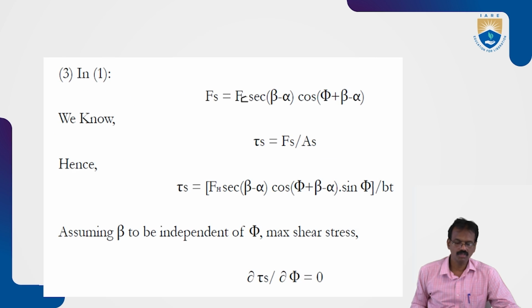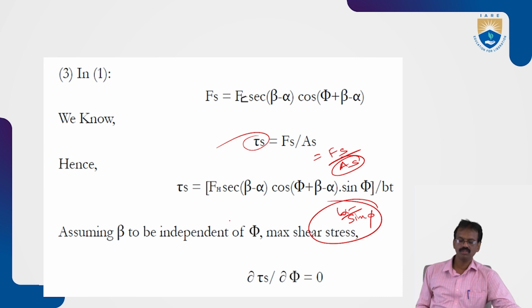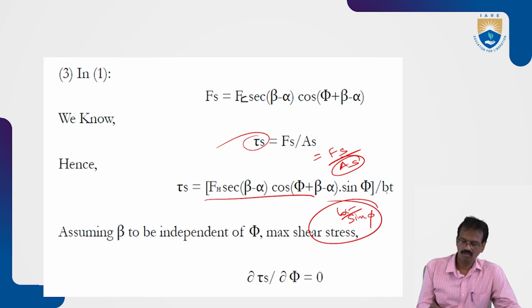Next we can find out the shear stress also. Shear stress is equal to shear force Fs divided by shear area. Shear area we already discussed in the previous class, that is b by sin phi. If you substitute the values of Fs and As, you will get this. So assuming beta to be independent of phi, for maximum shear stress, the derivative of shear stress with respect to phi should be 0.